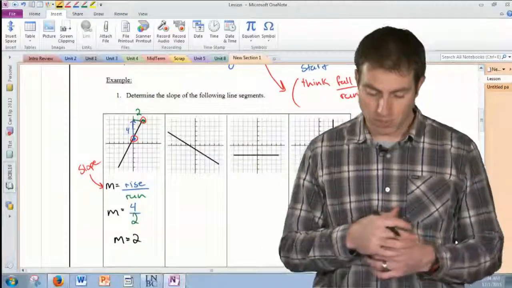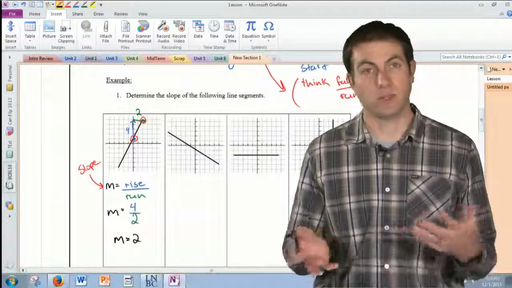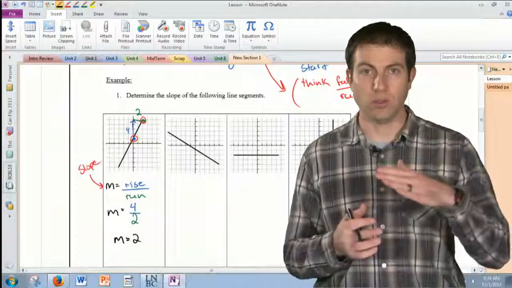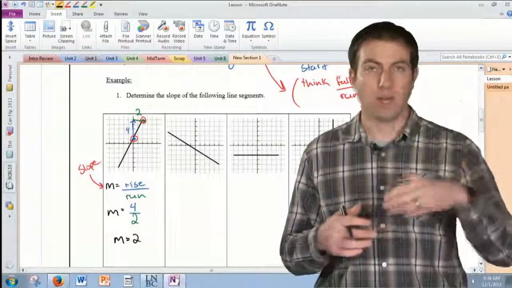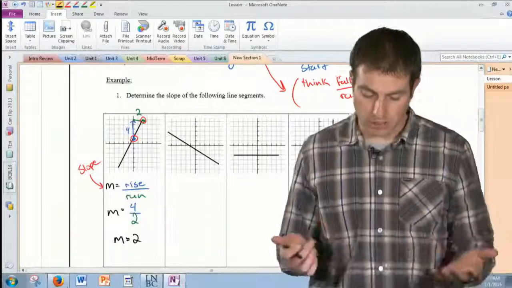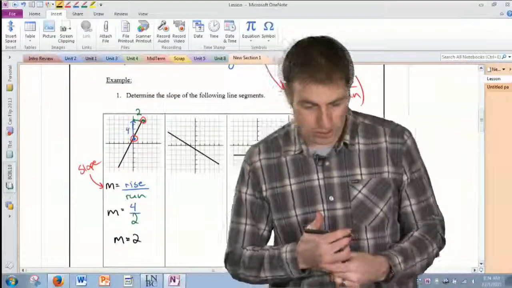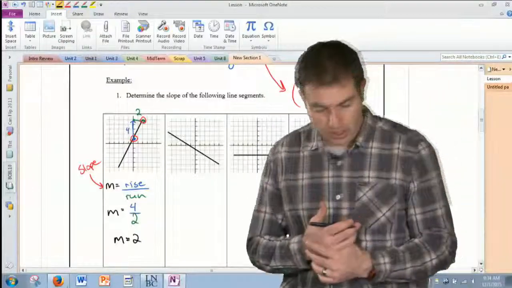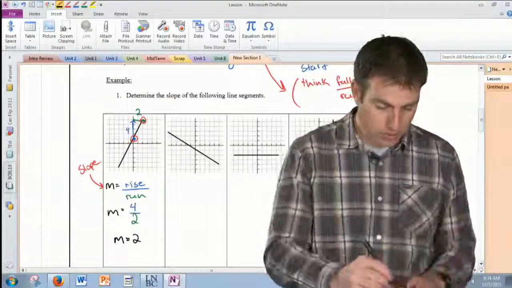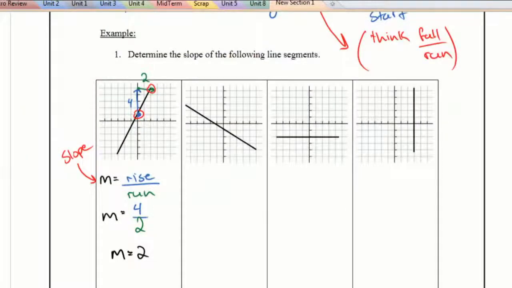And we can compare it to other slopes in terms of value, a slope of 2 or a slope of like 10. It's just going to be how steep the line is. So let's look at the next example here. And I'm going to start the same process. I need 2 points, and I'm going to try to find points that are perfectly on grid lines.